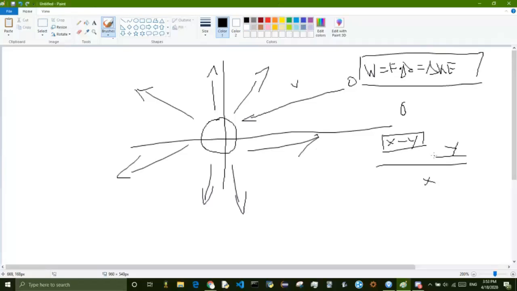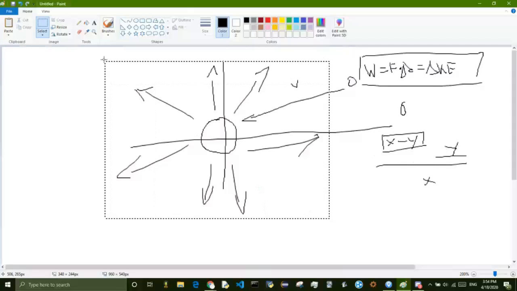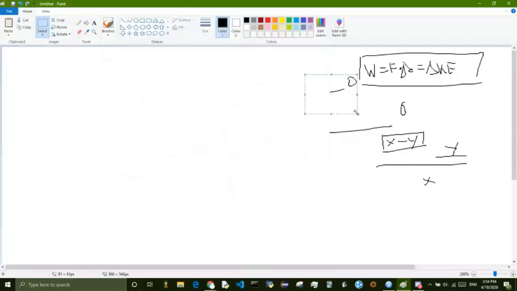It's not the distance. The reason for it, stated more succinctly, is we only care about the net change. Do you understand? Yeah. Okay.